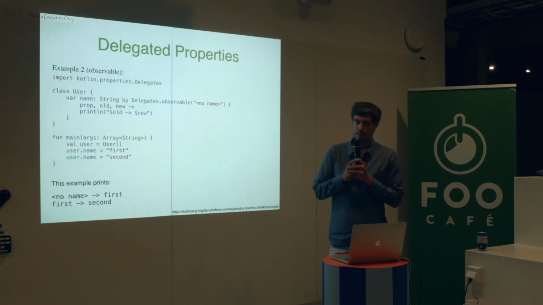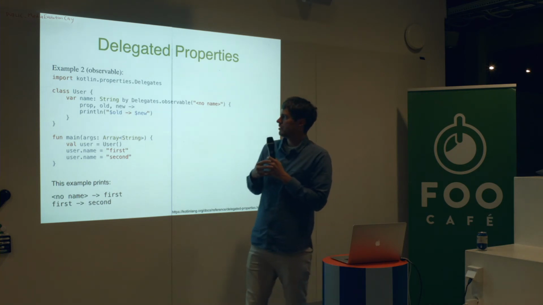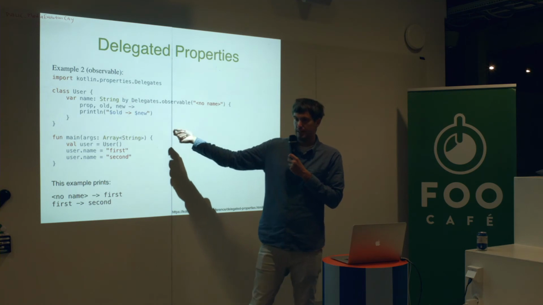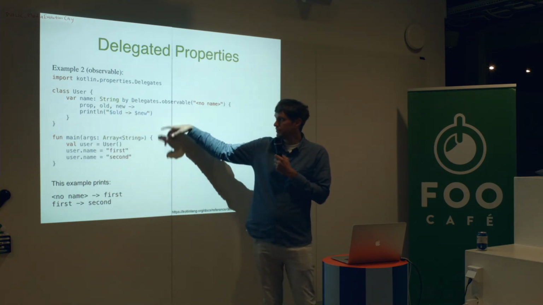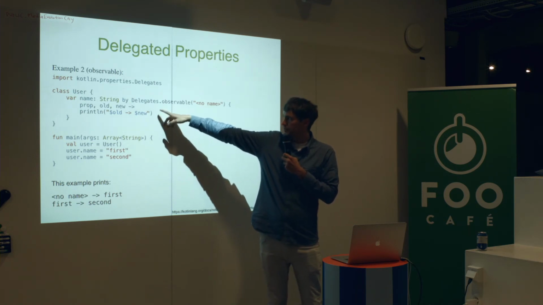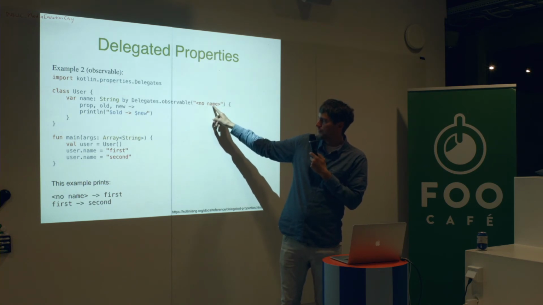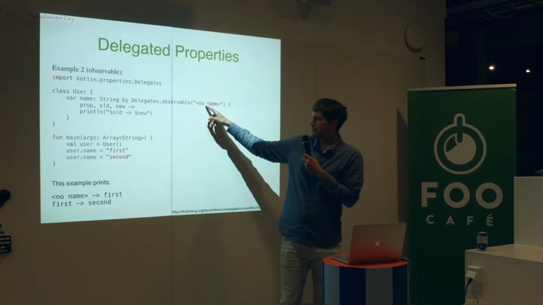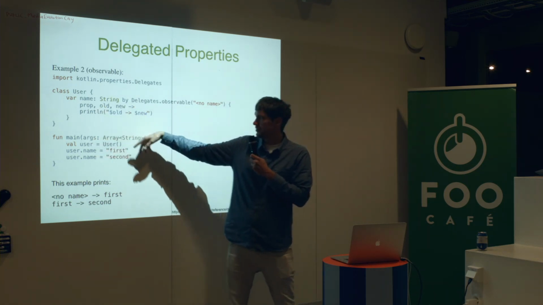Here's another example with a built-in delegate. It's an observable delegate, so if you want to be invoked every time this property changes, this is one way to do it. So you use delegates.observable, to pass in a default value, which is what you have if this property is null. And you get the property, the old value and the new value as parameters.